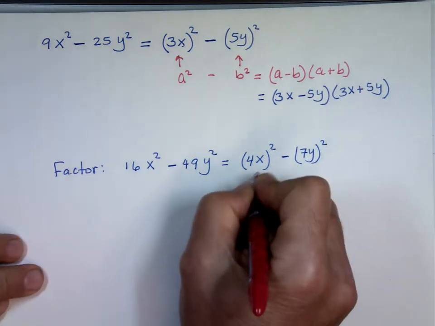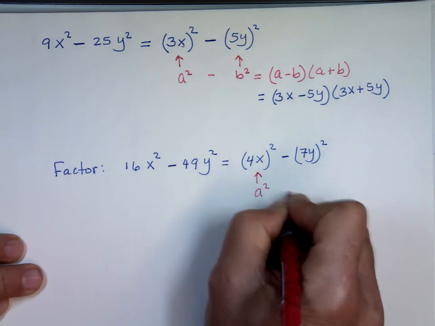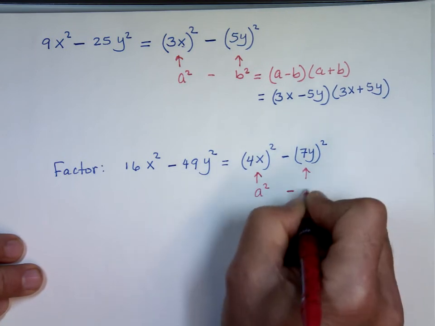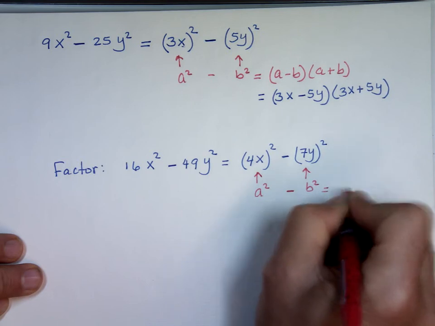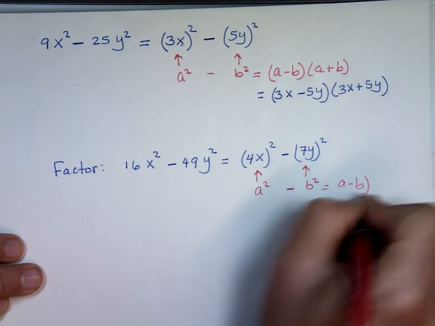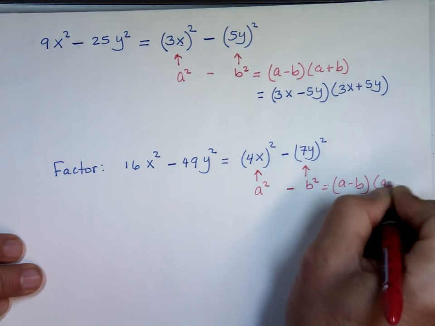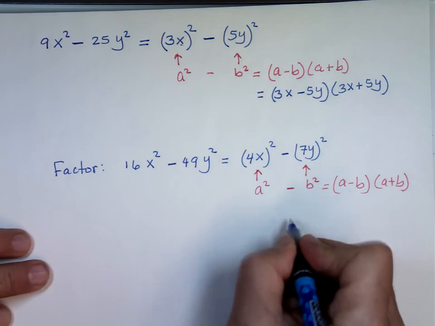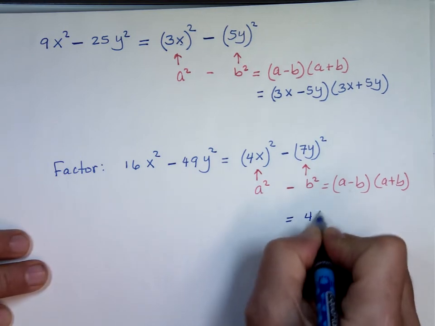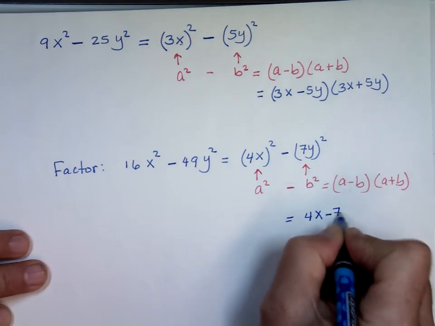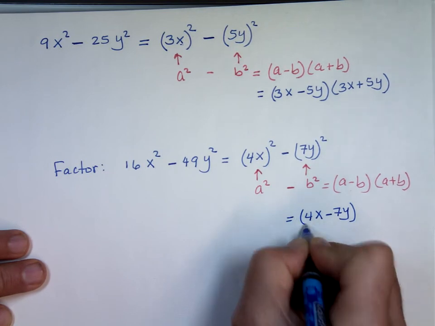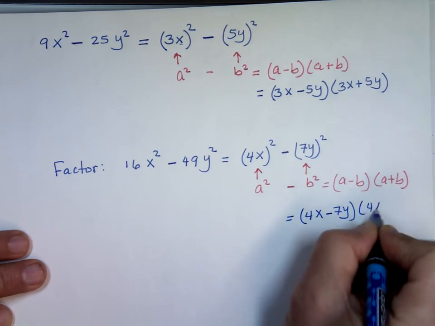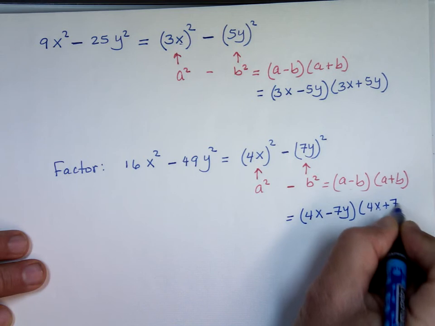So a squared minus b squared, a minus b, a plus b. A is equal to what? 4x. B is 7y. And that'll be my answer.